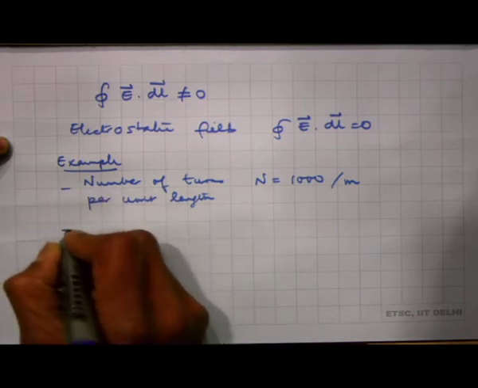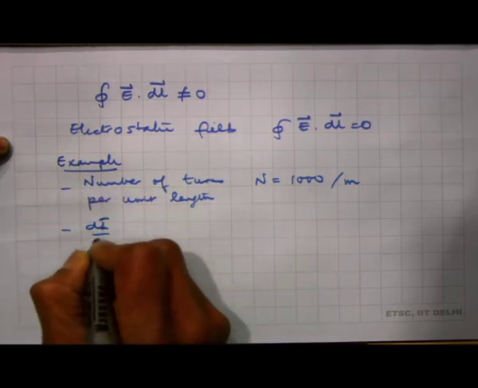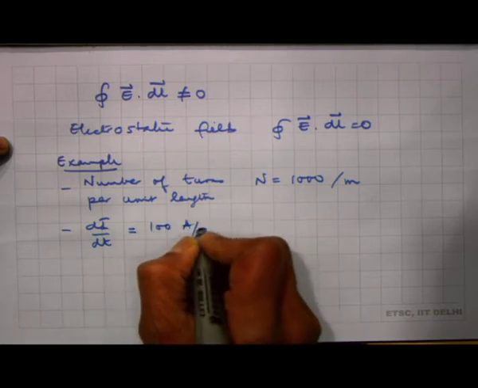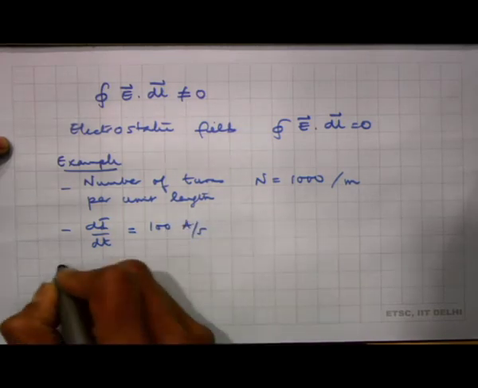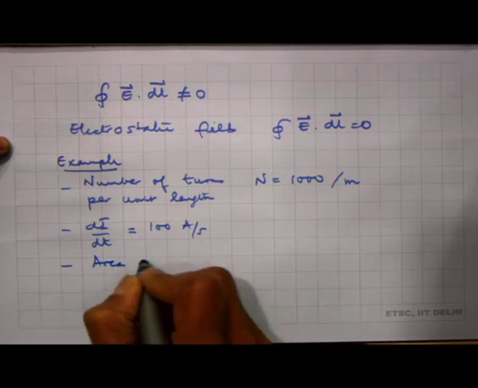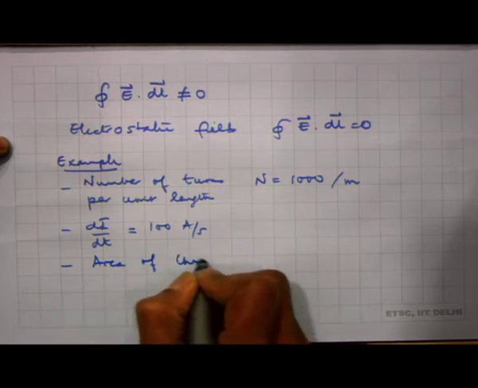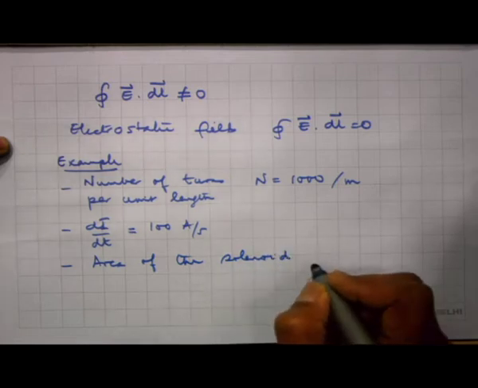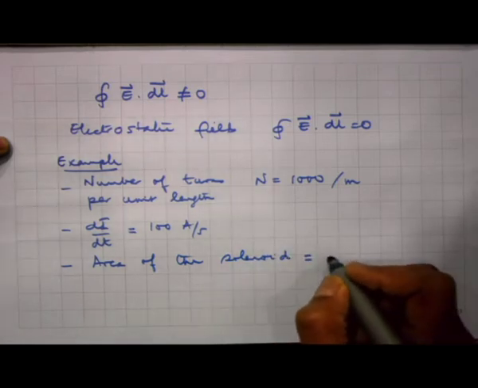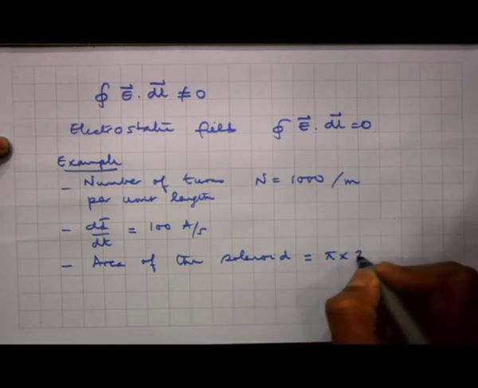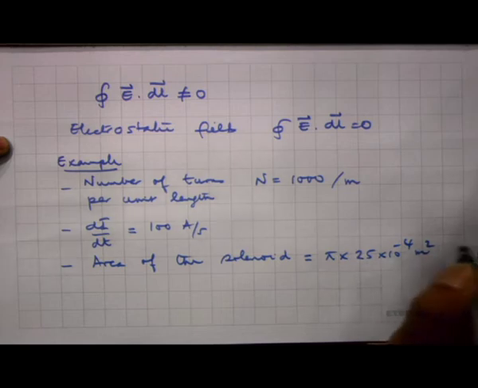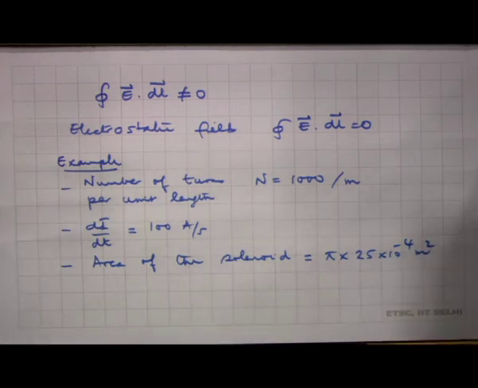Let me assume dI by dt is equal to 100 amperes per second. The area of the solenoid is equal to pi into 25 times 10 to the minus 4 meter square. I am assuming a solenoid of radius 5 centimeters.